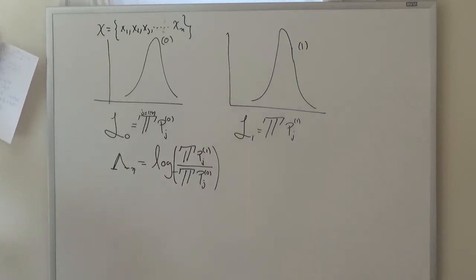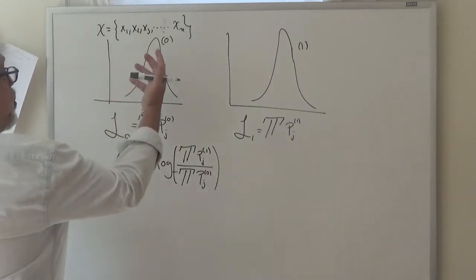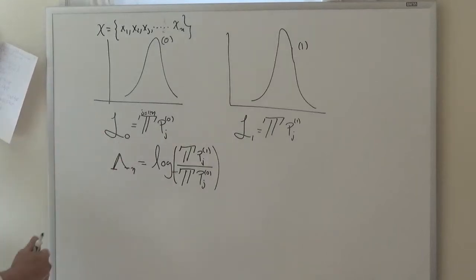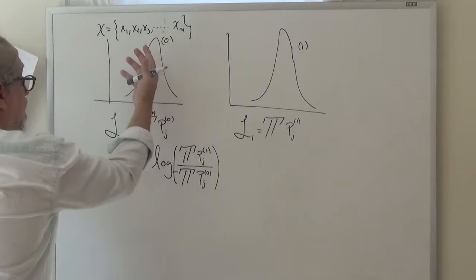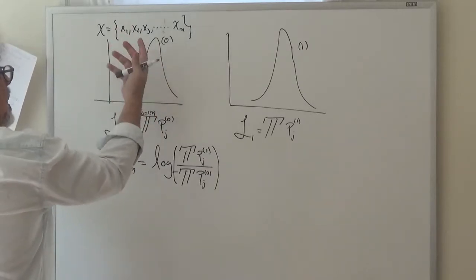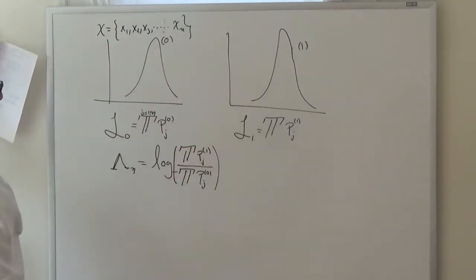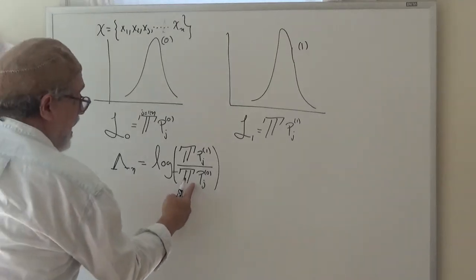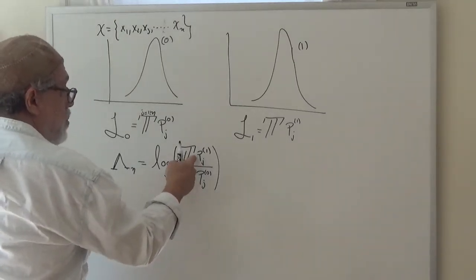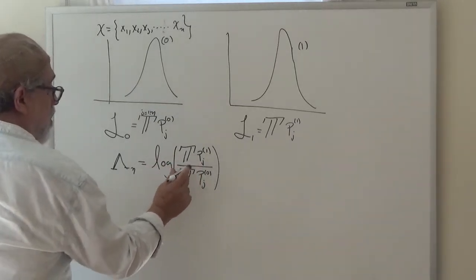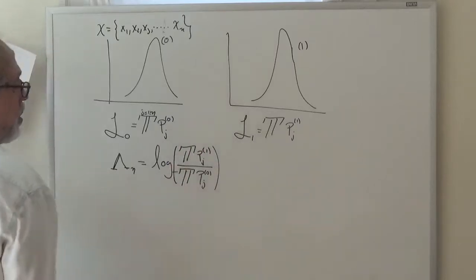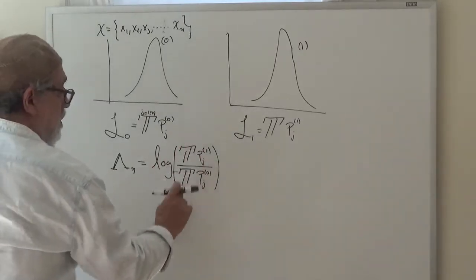Before doing any math, let's assume to start with that the data x1, x2, x3 is actually coming from distribution 0. Then its likelihood in 0 should be larger than in 1. That means the denominator is bigger than the numerator, so the likelihood ratio is less than 1.